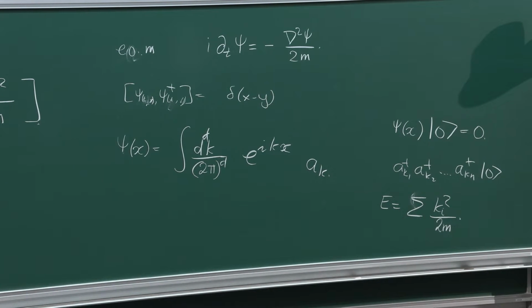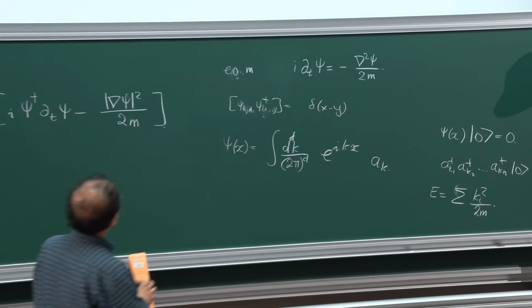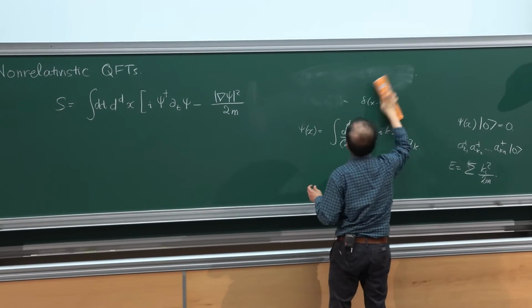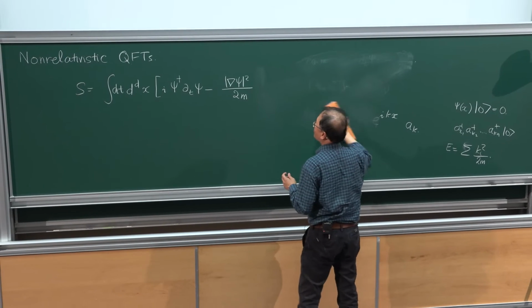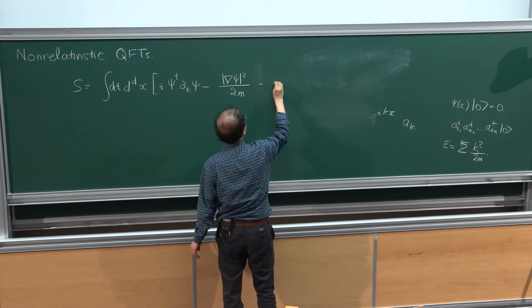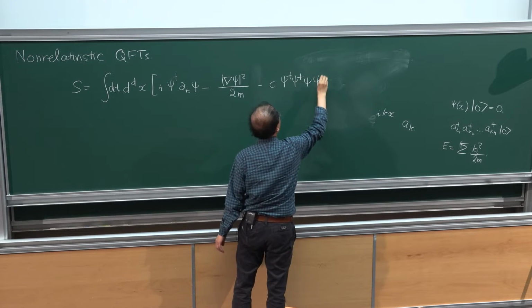The superposition of plane waves would be an eigenstate of the non-relativistic theory. So, to be a little bit less boring, let me add to this Lagrangian an interaction term. I will write minus C (psi dagger psi)^2.